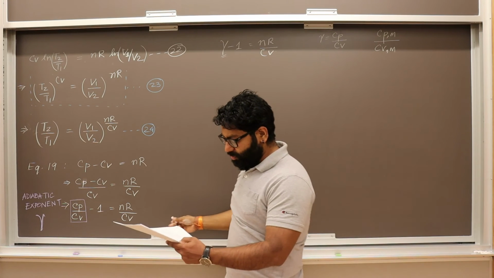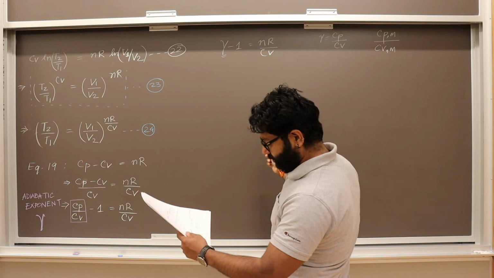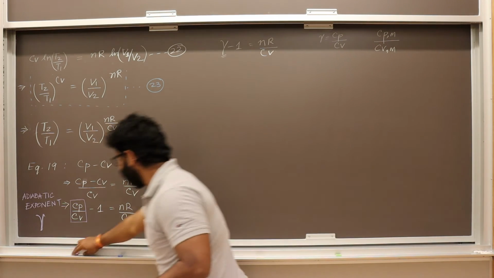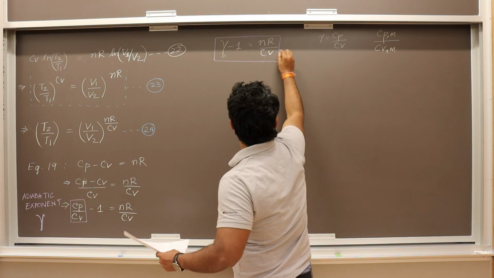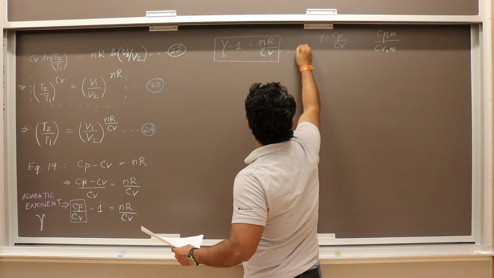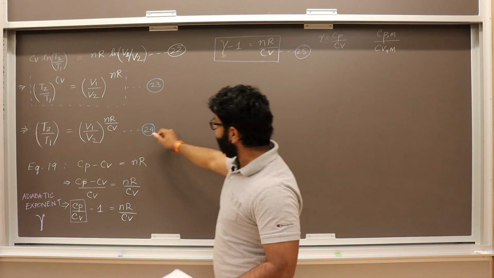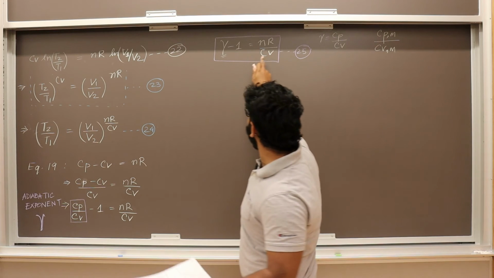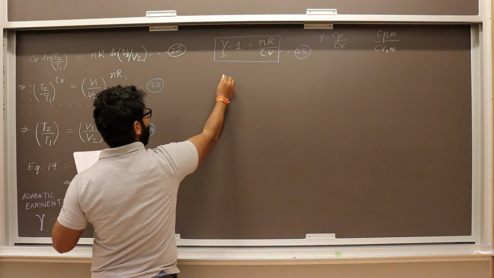Let's call this equation 25. Now, let's substitute the value of nR by Cv in here. So what are we getting here?